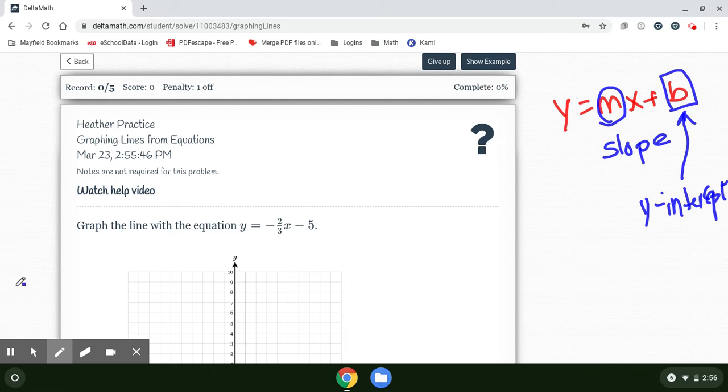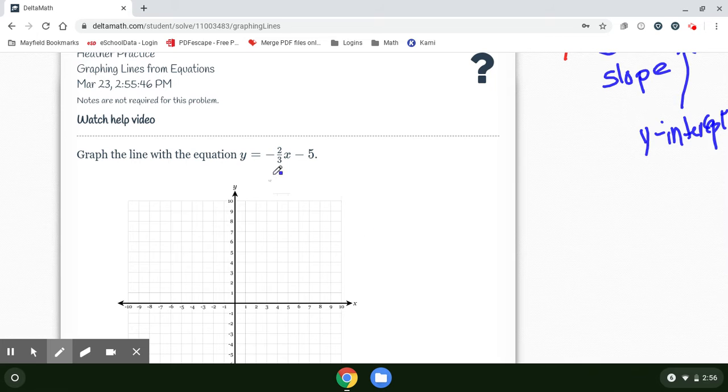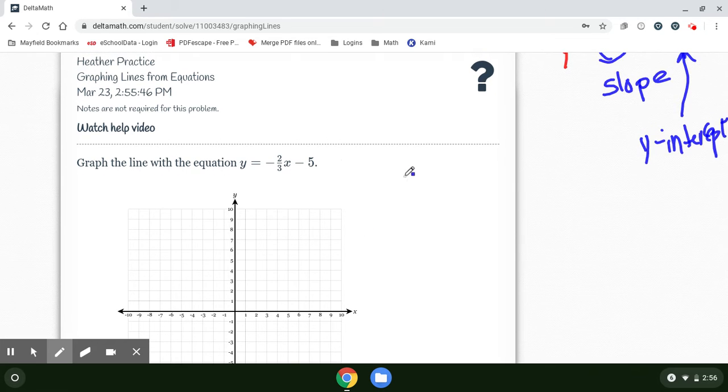So if I'm looking at the first equation here, it says graph the line with y equals negative 2/3 x minus 5. The first thing I'm going to do is start at the y-intercept. So in this case, my y-intercept is negative 5. So that's on the y-axis. That's the first thing I need to do.